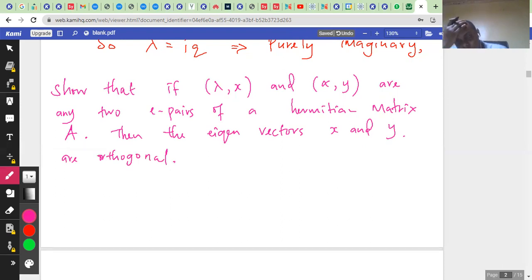Remember, whenever you want to show that two vectors are orthogonal, if you do a dot product on your two vectors, you should get a 0. If you get a 0, then they are orthogonal. So let's follow and see how they have done it.